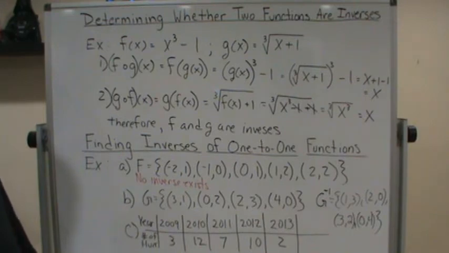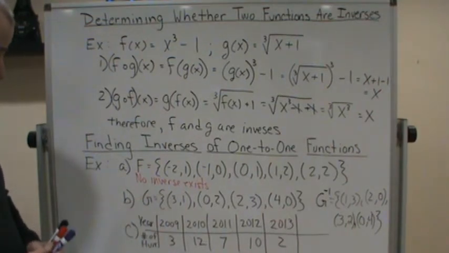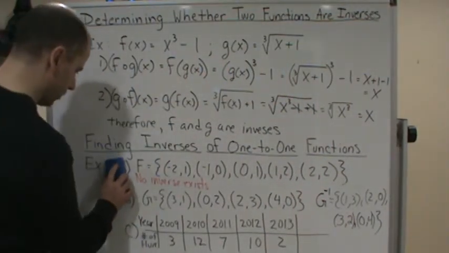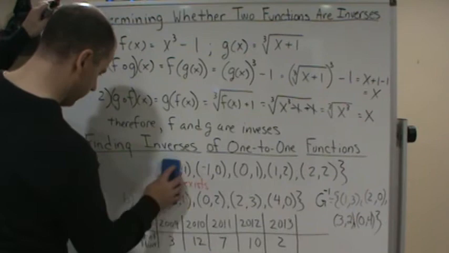So, based on this data, we can write the inverse of this function, which again, we could write as ordered pairs. How would we write this as ordered pairs? Well, let me just erase this. We don't need this anymore.